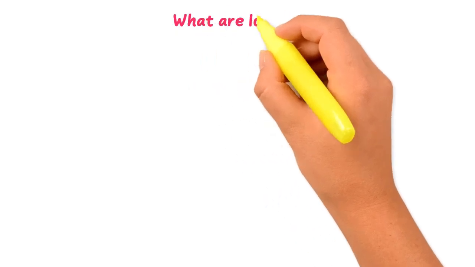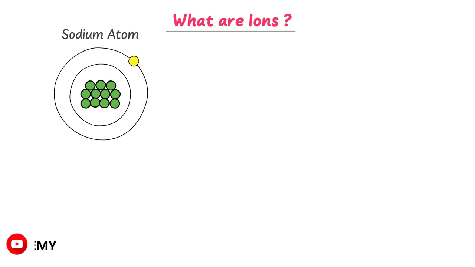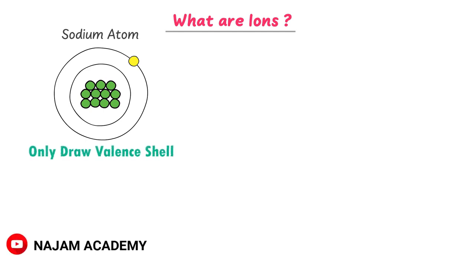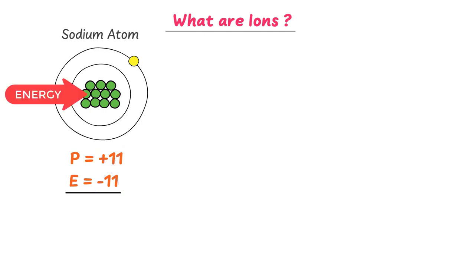Now, what are ions? Well, consider an atom of sodium. Remember that I only draw the valence shell of sodium. If you count the total number of protons and electrons in the sodium atom, you will get proton is equal to positive 11 and electron is equal to negative 11. We know from the previous slide that they both cancel out and the atom is thus a neutral particle. Let's consider that you provide sufficient energy to this atom.